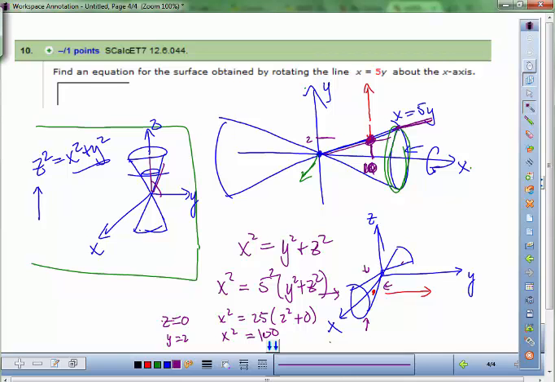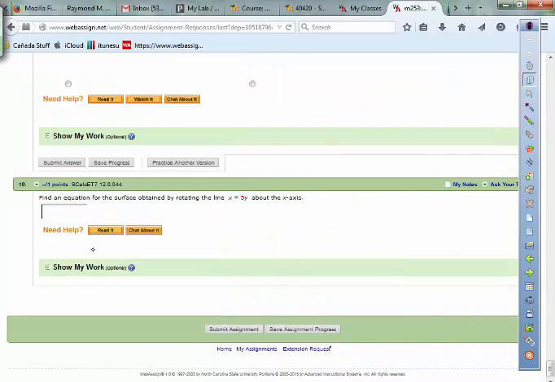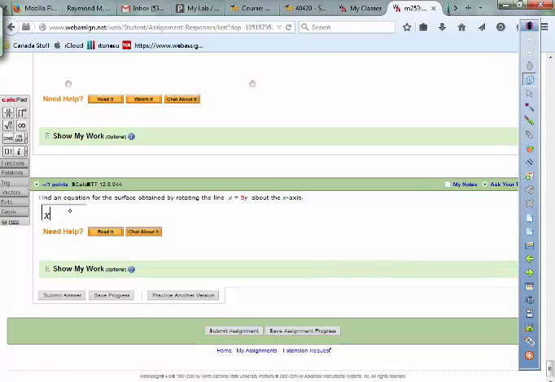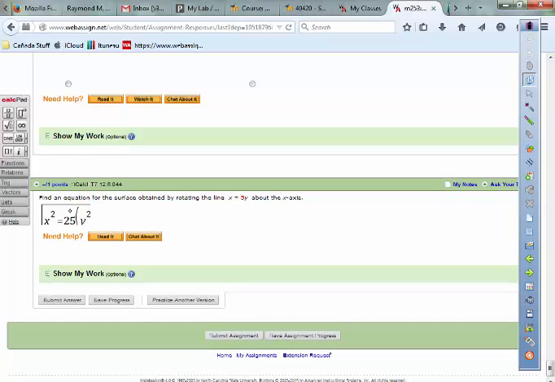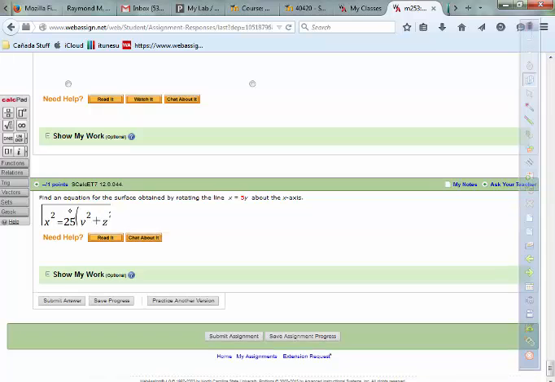All right, let's check the answer on the actual worksheet here. x squared equals 25 y squared plus z squared. Did I close that? Can't see.